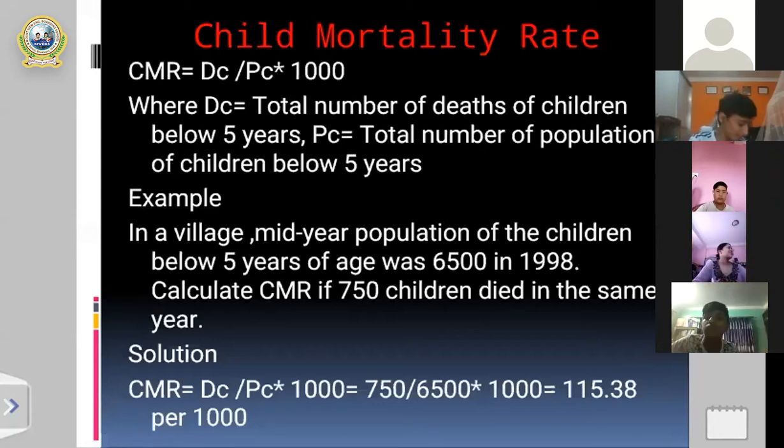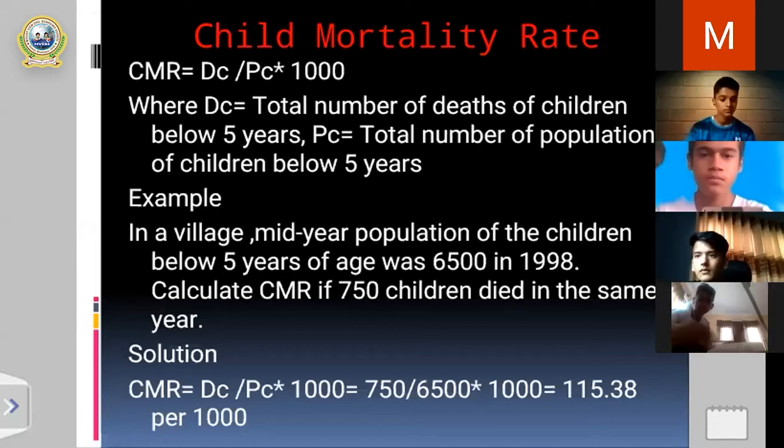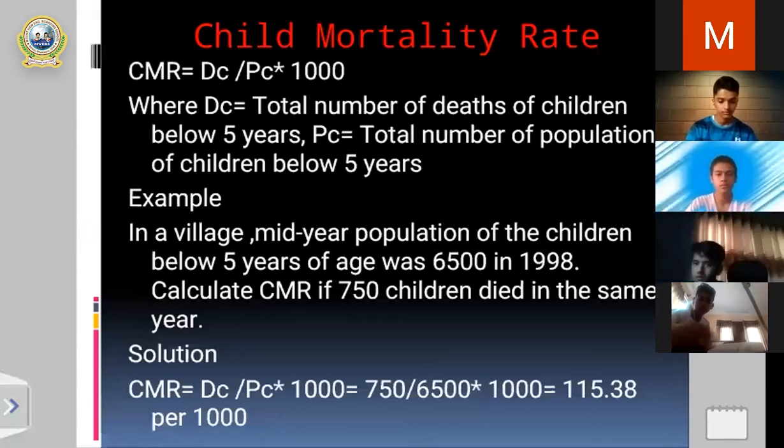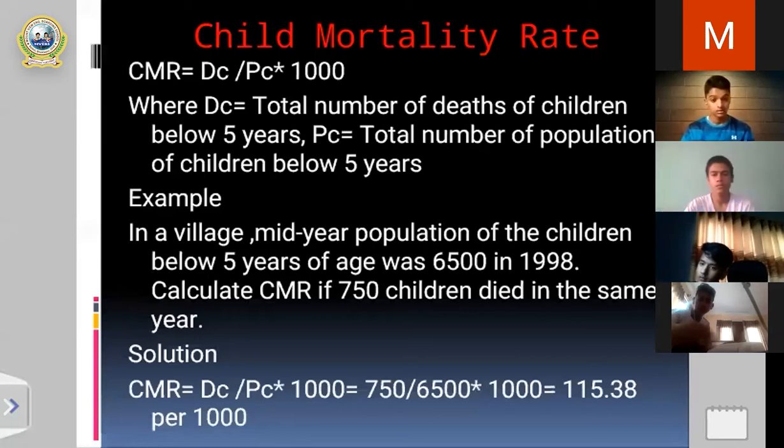P small c equals the total population of children below 5 years. That means simply remember, deaths of children below 5 years divided by the total population below the age of 5 years, right? That is the formula to calculate CMR. And after that, now the example is here.